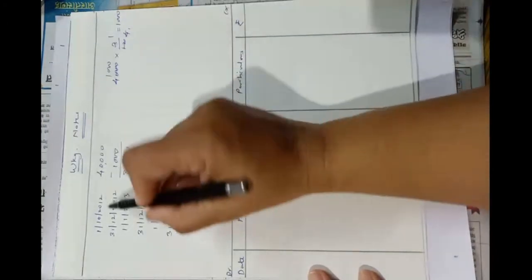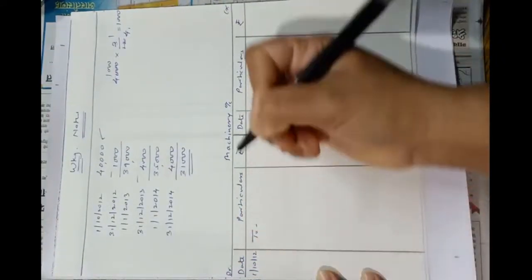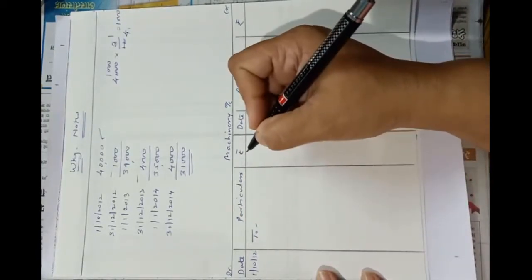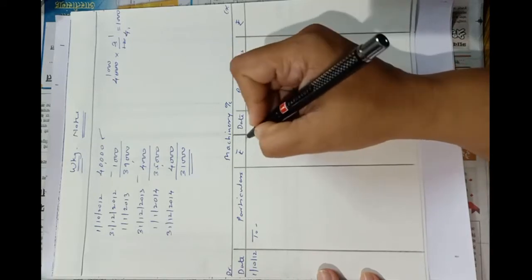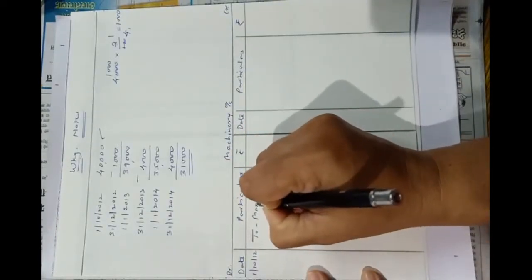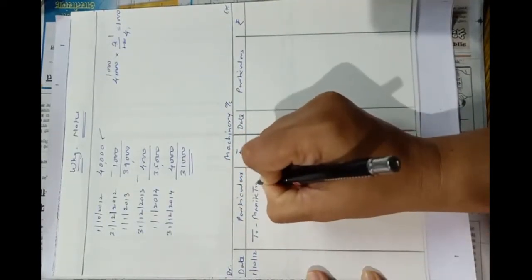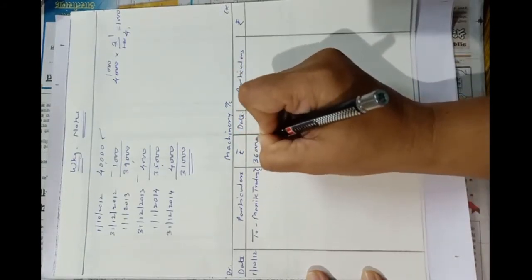This is debit side and this is credit side. First entry will be on 1st October 2012 for purchase of machinery. So on 1st October 2012, now this machinery was purchased for rupees 36,000 from Manik Traders on credit. So entry will be machinery account debit to parties account, that is to Manik Traders account, 36,000.